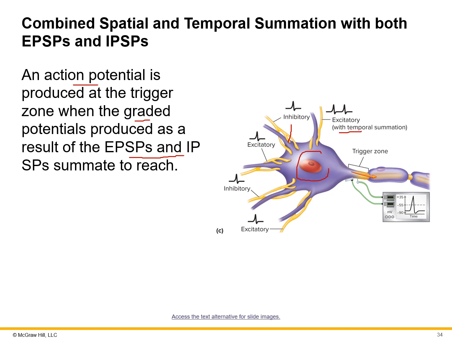So the cell body has to take in all of that information. And so by the time it reaches that trigger zone, it either reaches threshold or it doesn't. So are the excitatory and inhibitory canceling each other out? Is there more excitatory, more inhibition? All of that gets combined or summed together to ultimately either cause an action potential or not.